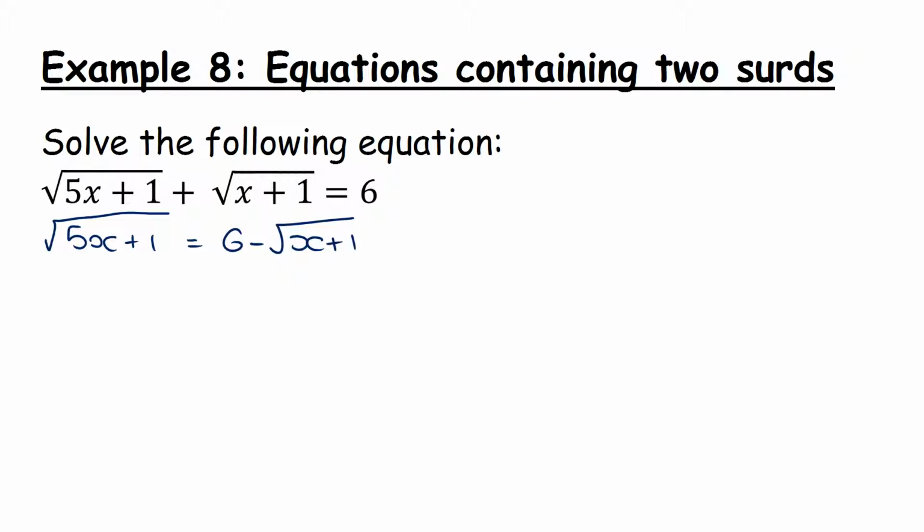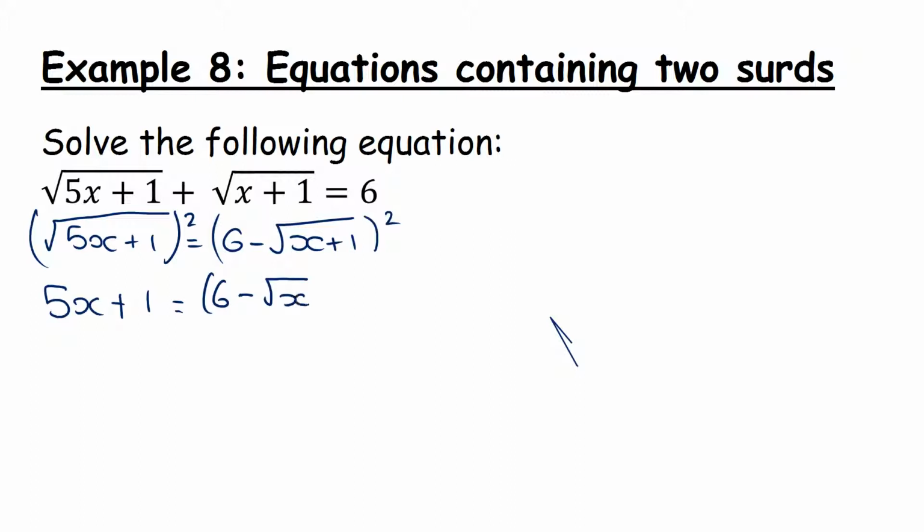Okay, so just like before, I'm going to square both sides. And the purpose is to get rid of the square root. So on this side, we're left with 5x plus 1. However, when we get over to the right hand side, things are not as simple. So basically what we have is 6 minus root x plus 1 multiplied by 6 minus square root of x plus 1. So let's do out our long multiplication here.